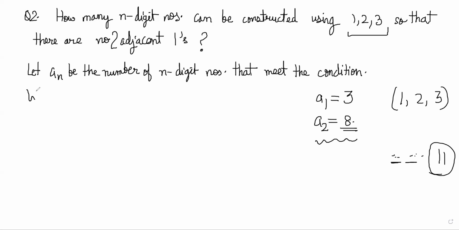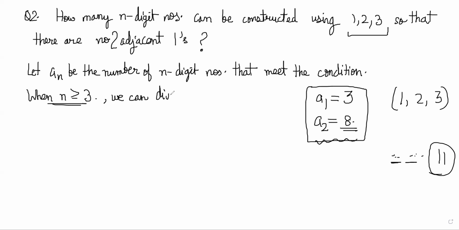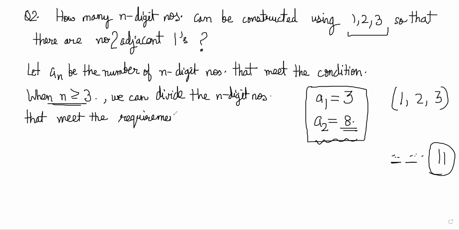So when n is greater than or equal to 3, we have already established some base values like a_1 and a_2, right? When n is greater than or equal to 3, we can divide the n-digit numbers that meet the requirement into two cases.